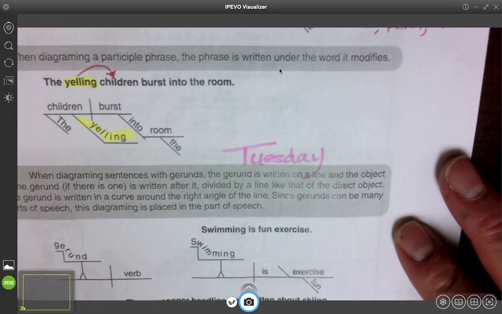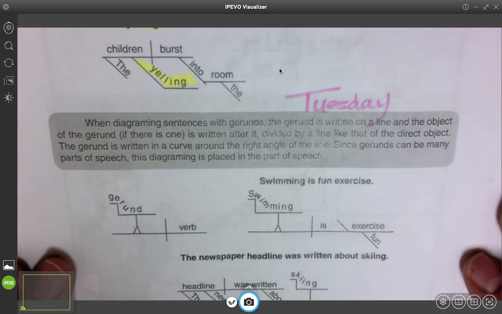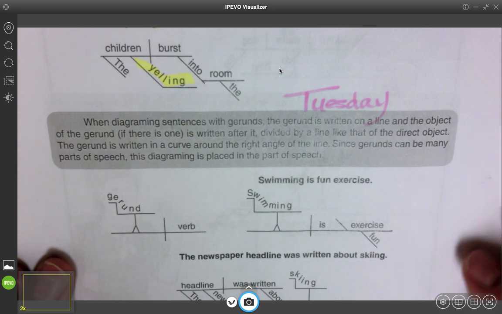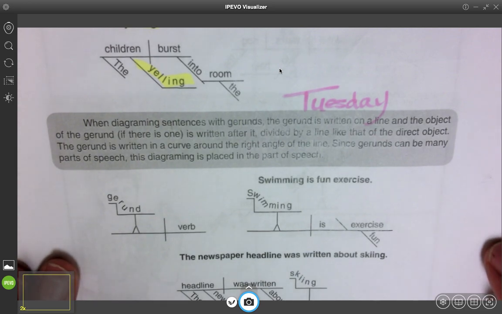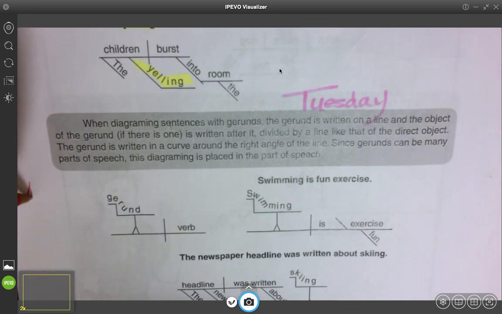Today, Tuesday, we continue our verbal diagrams by taking a look at the second part of the front page where it describes diagramming gerunds. We remember that gerunds serve as nouns.